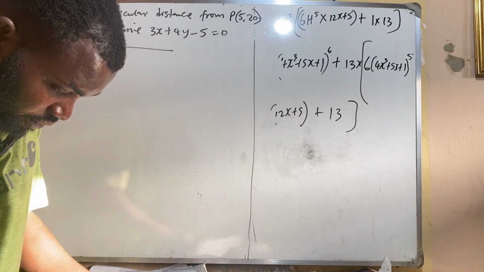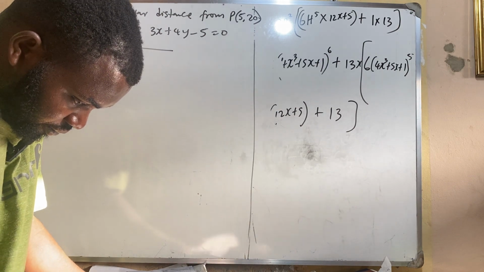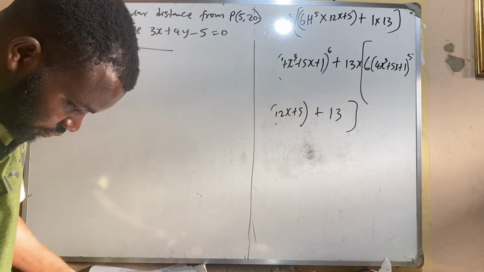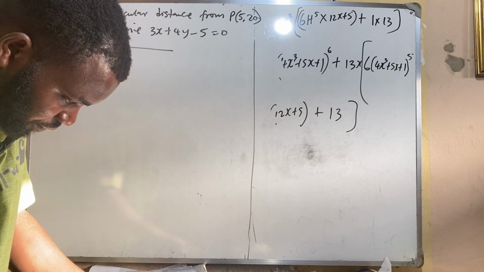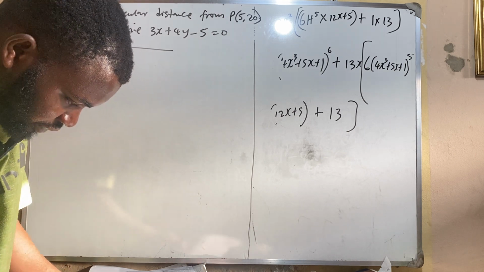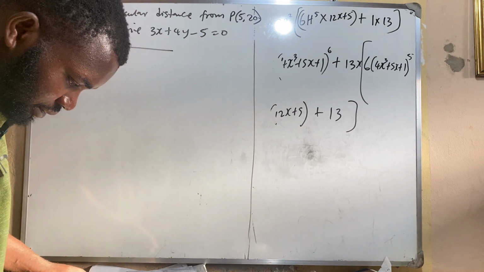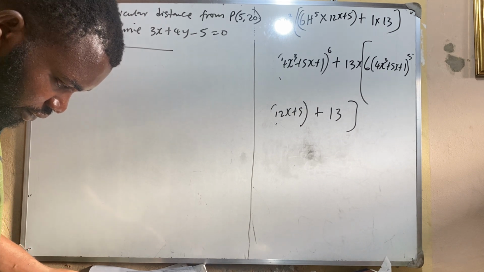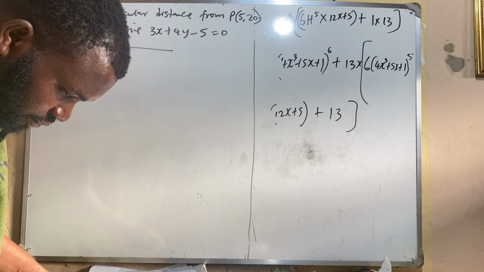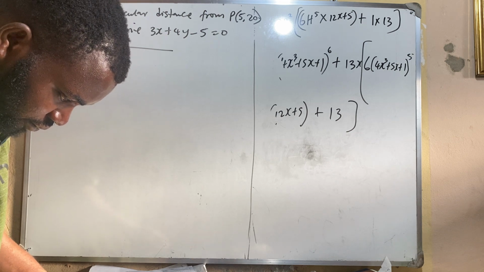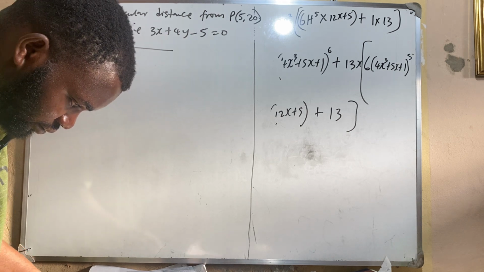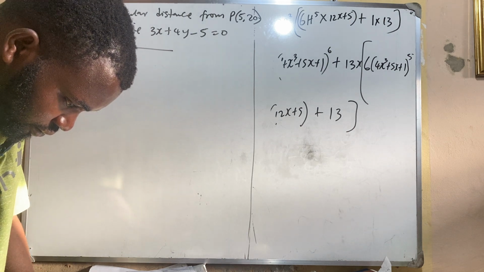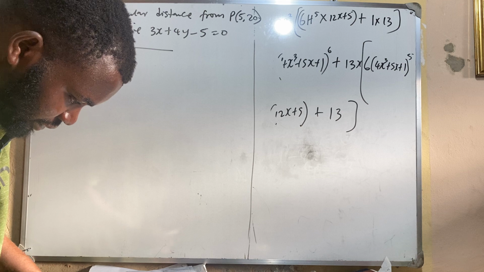This time between a point and the line. I think it's a minus x, something like that. Let me check. I don't want to make a mistake.